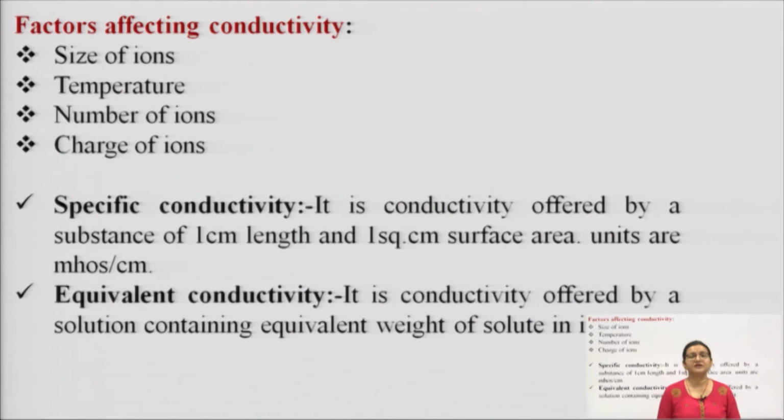Then the next one is the temperature. Temperature of the solution will definitely change the charged particle movement. If the temperature rises, the mobility of ions will get affected. If the temperature rises, they will start a random movement. Hysteresis will be seen there, which should not occur.